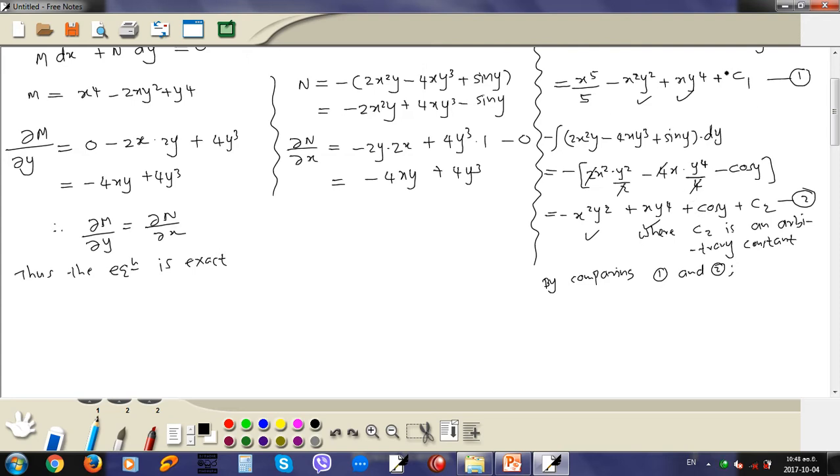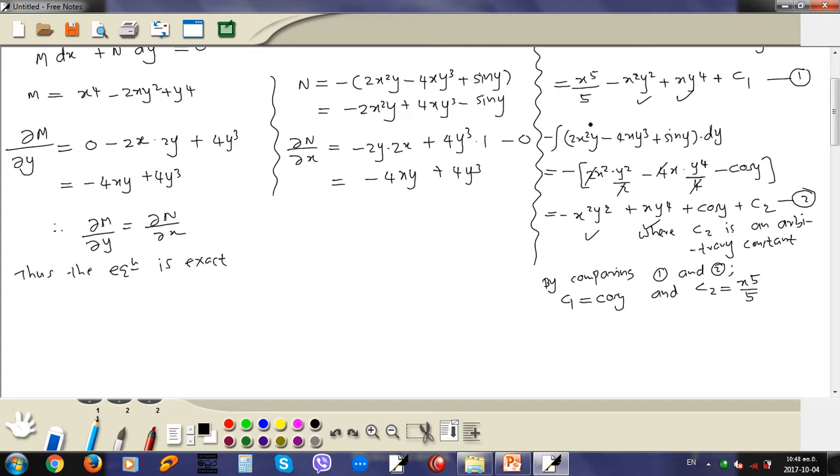For the c1, by comparing this one, c1 equals cos y. And if you compare this one, what is not in the other is x to the power 5 over 5, so c2 equals x to the power 5 over 5. Then both answers are the same.